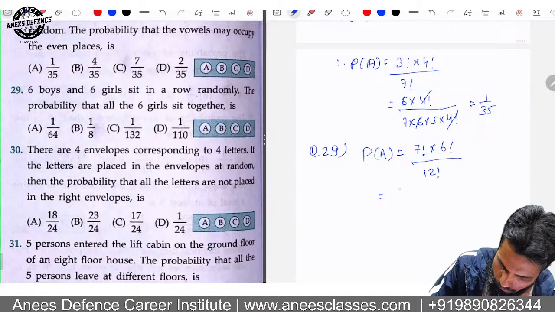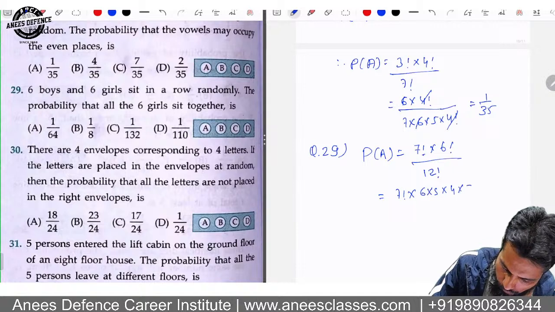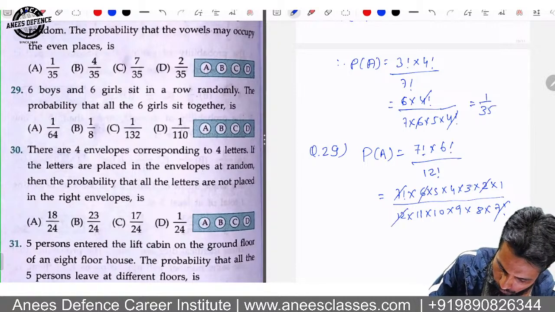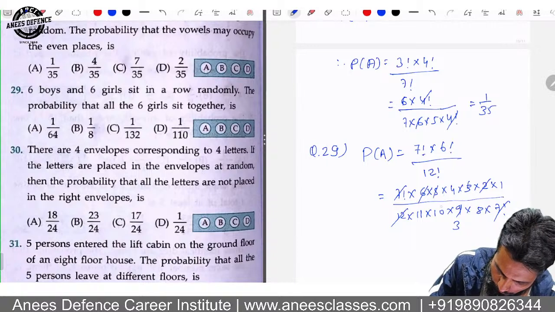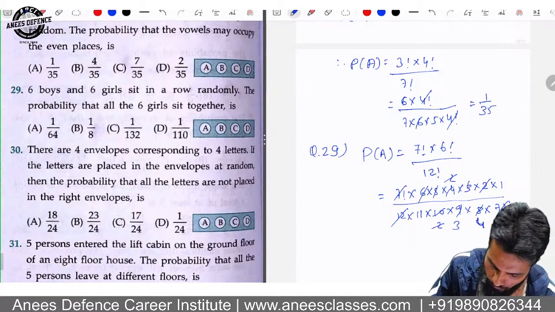So its value is equal to 6 factorial written as 6, 5, 4, 3, 2, 1 upon 12, 11, 10, 9, 8, 7 factorial. 6 into 2, 12. You can cut this 12. 3, 3 is there, 9. And 5 is there. 5, 2 times. 2, 2 times. With this 2, this 8 can be cancelled as 4 times.